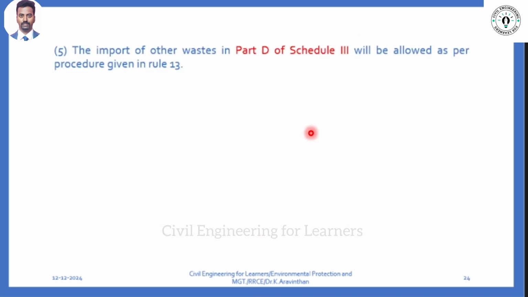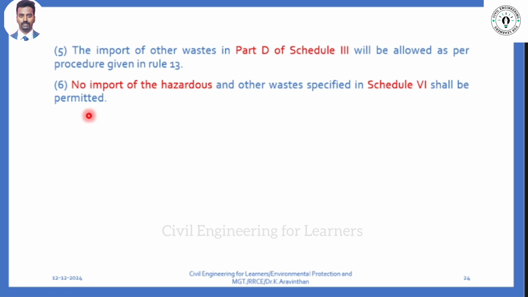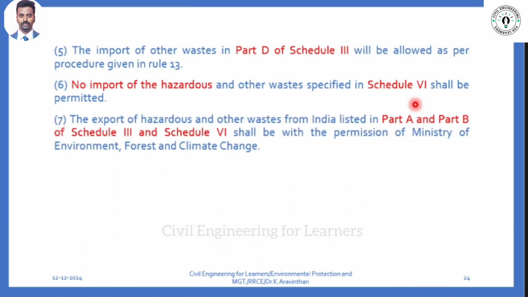Some things scheduled in Part D of Schedule 3 will be allowed as per the procedure given in Rule 13, and no import of hazardous waste in Schedule 6 is allowed. They have given some schedules from Schedule 1 to Schedule 8. In Schedule 6, these hazardous wastes should not be imported to our country.